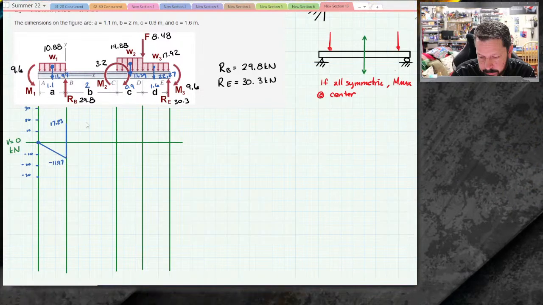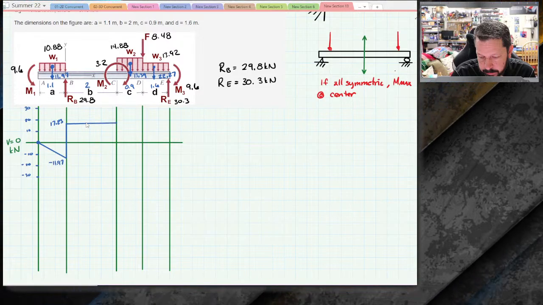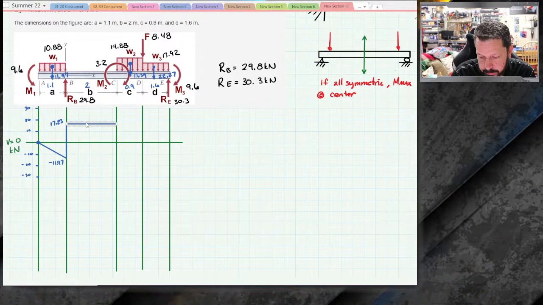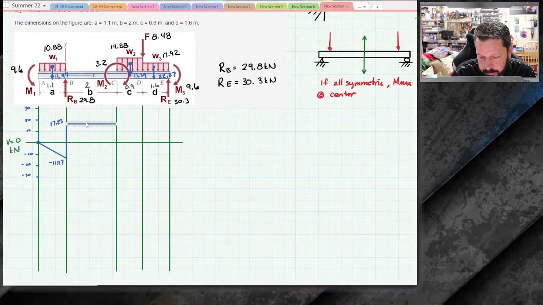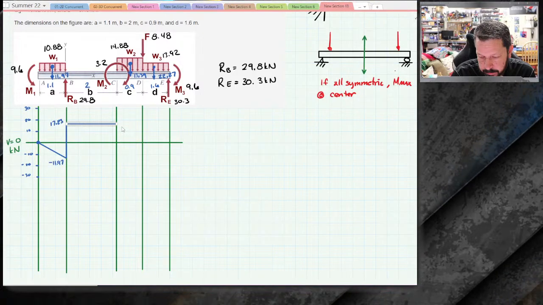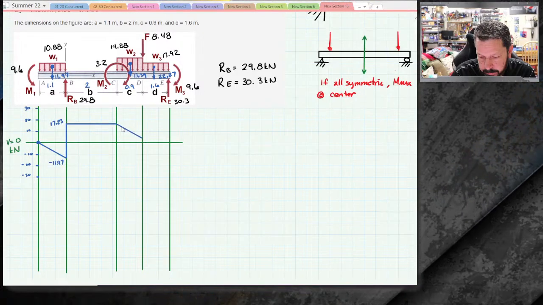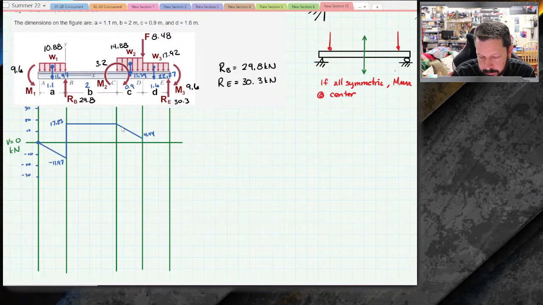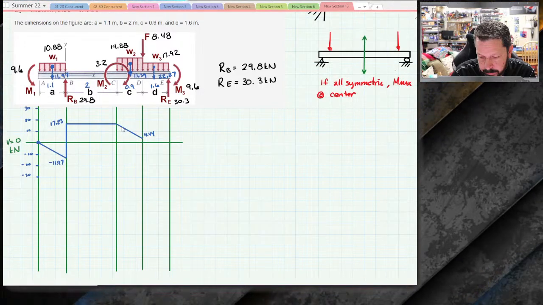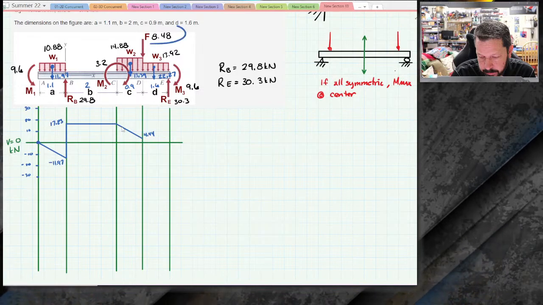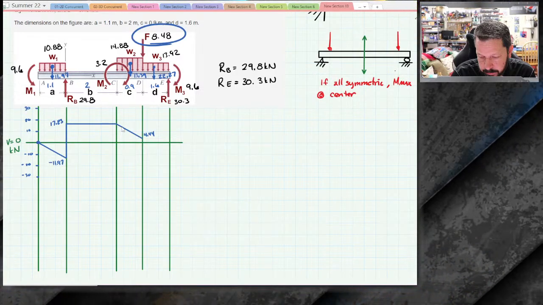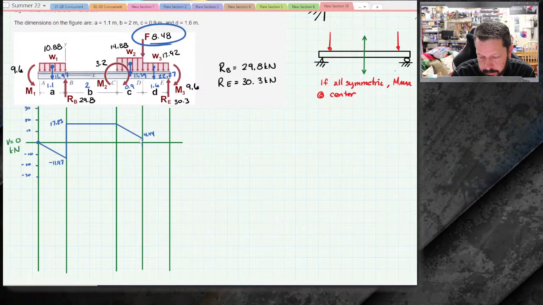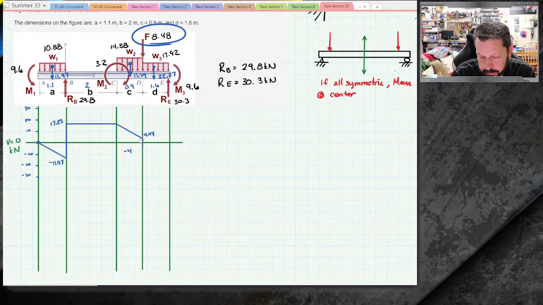Nothing happens until we get to the start of that distributed load over here. We lose 13.39, so minus 13.39. So we go down to positive 4, maybe right there, that's 4.44. And then, this is easy to forget, but there's this negative point load there. So minus 8.48. We go directly down to negative 4.04.